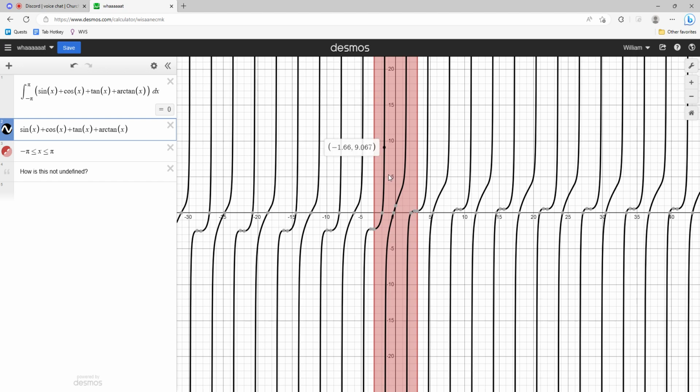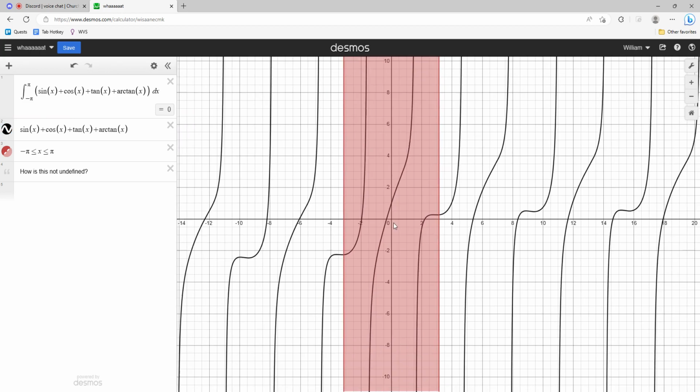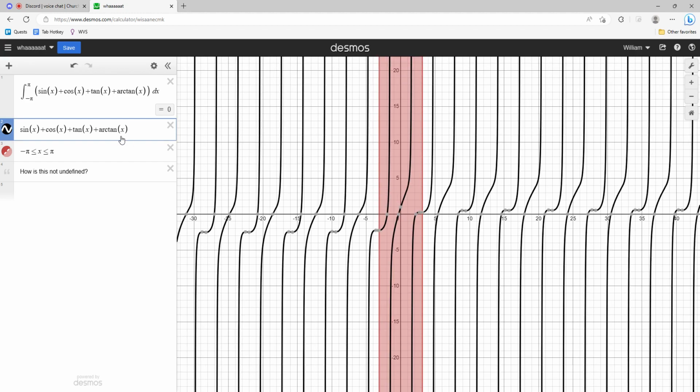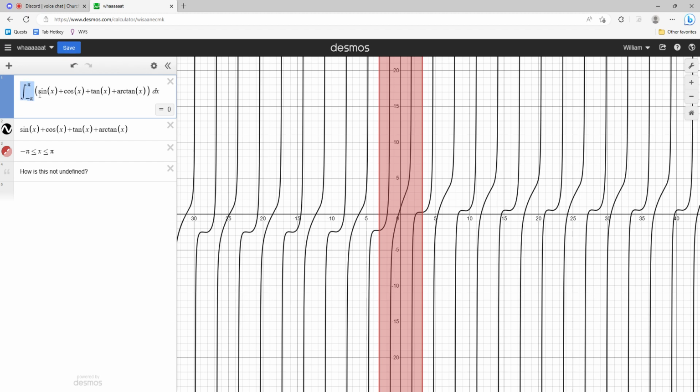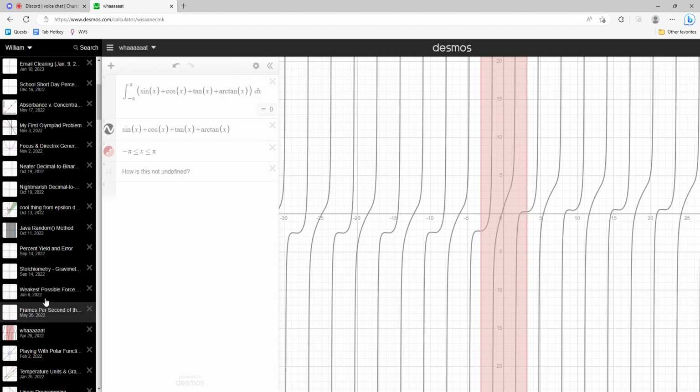You just can't. Even if it's an odd function, which it's clearly not, because it's not centered around x equals 0, or it's not at the origin, I mean. So you can't apply the property here that... I don't understand. Yeah, maybe that is just a Desmos error.